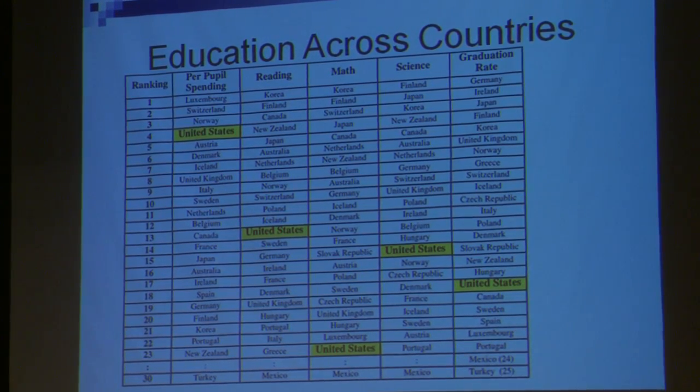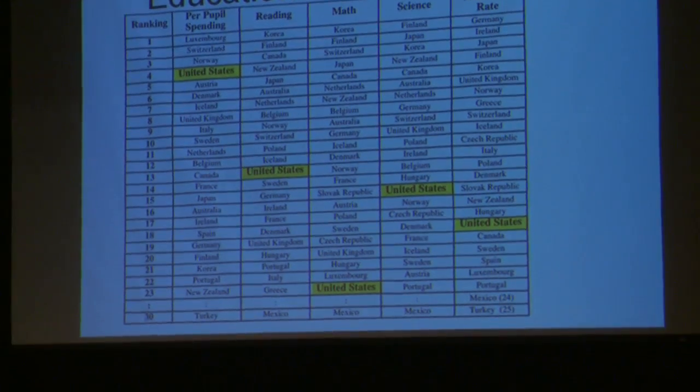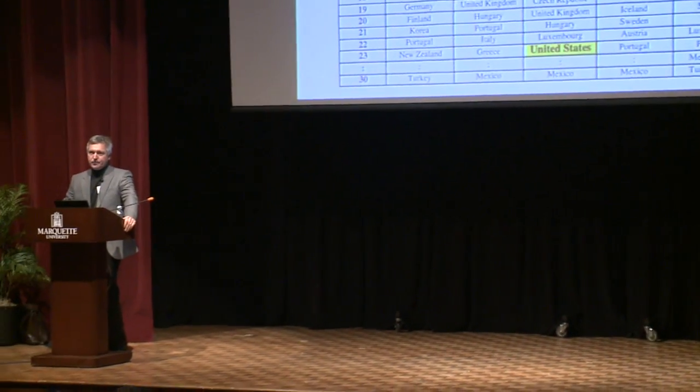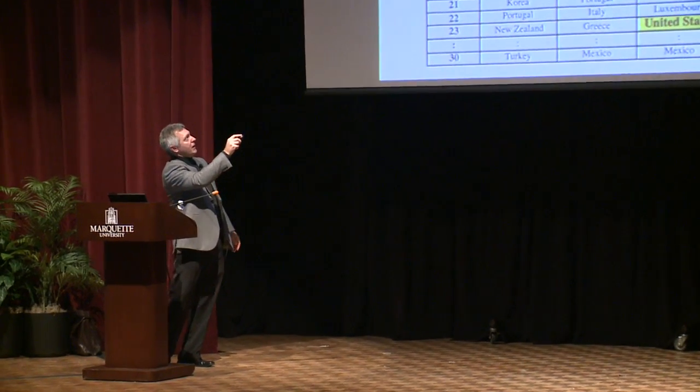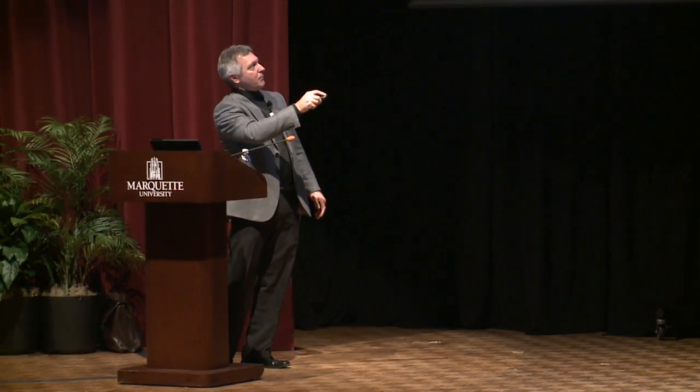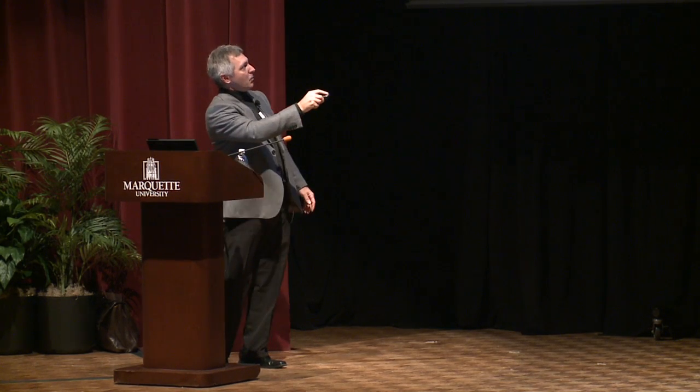So what makes people in America angry is exactly what do we get out of these expenditures. And as you can see here, I have reading, math, science, and graduation rate. And I can say this because I'm 25% Hungarian. We're down with Hungary when it comes to our outputs.